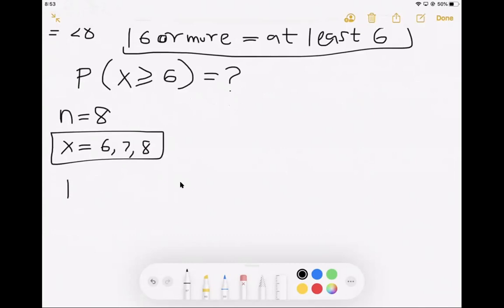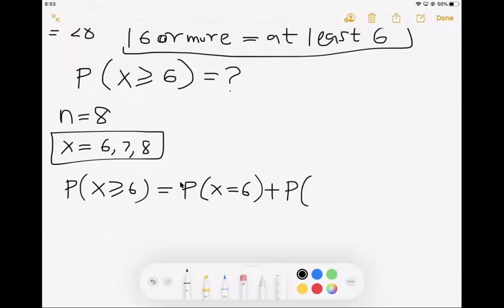Now we can write this, because we want to find this. We can write this as what? This way. Remember we did examples like these in previous slides. If you have an inequality, you have to do the same thing for each and every x value.